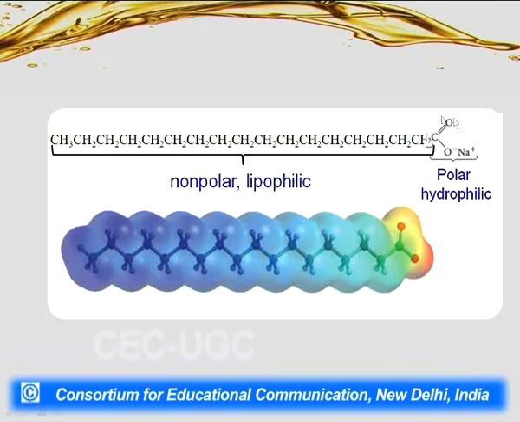This is the sodium salt of the carboxylic part, it has charges on it, it is polar. This is hydrophilic, meaning attracted by water, or this end is lipophobic. This shows the structure again. This reddish portion and this yellowish portion show that this is the charged, hydrophilic end, and this is the hydrophobic chain.